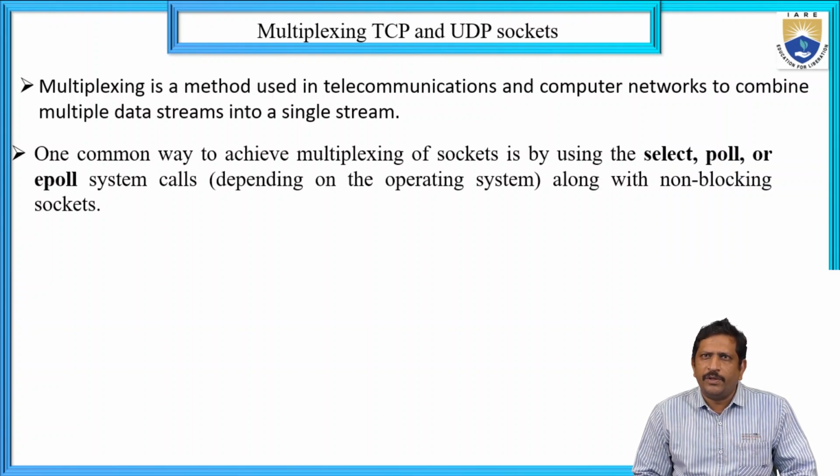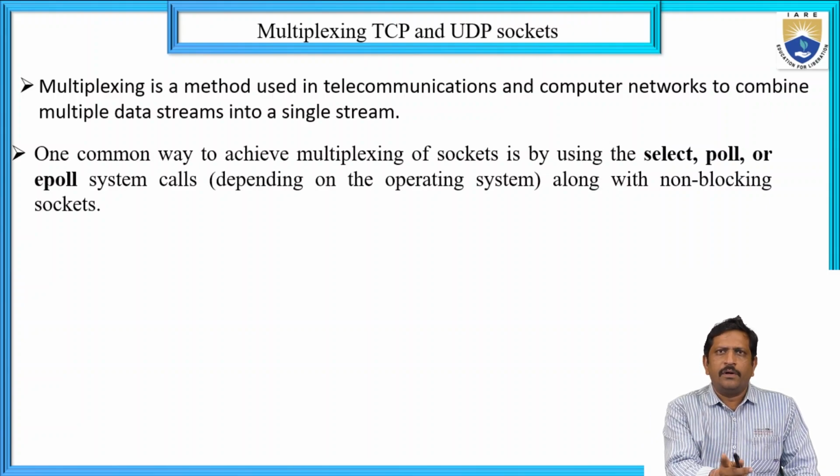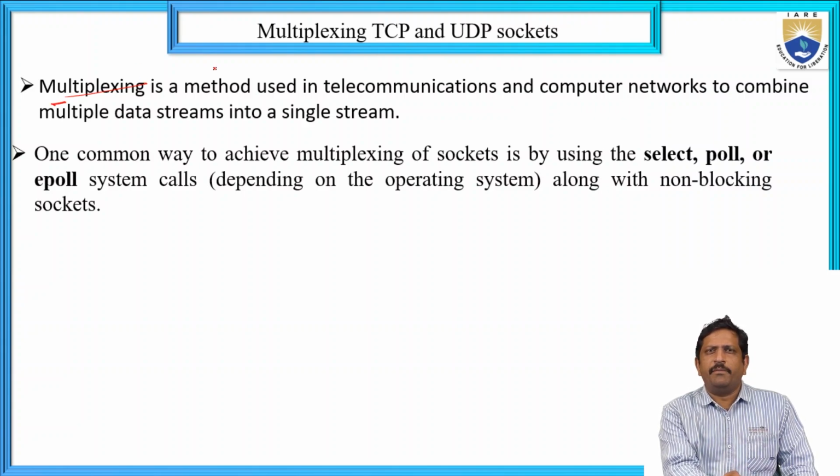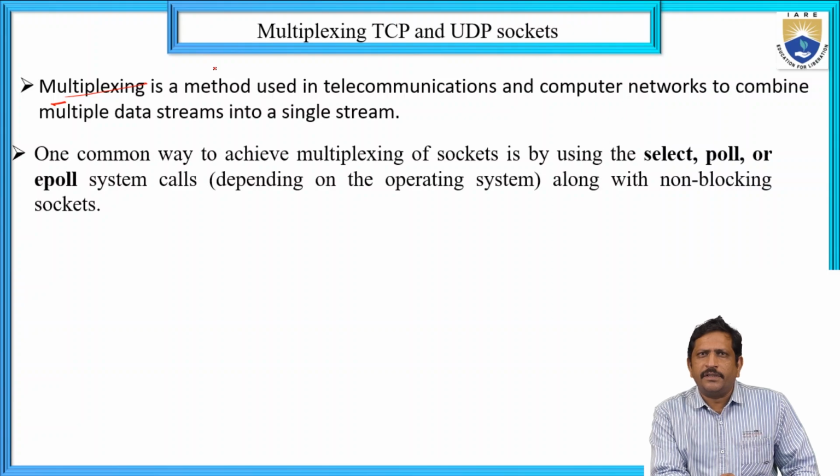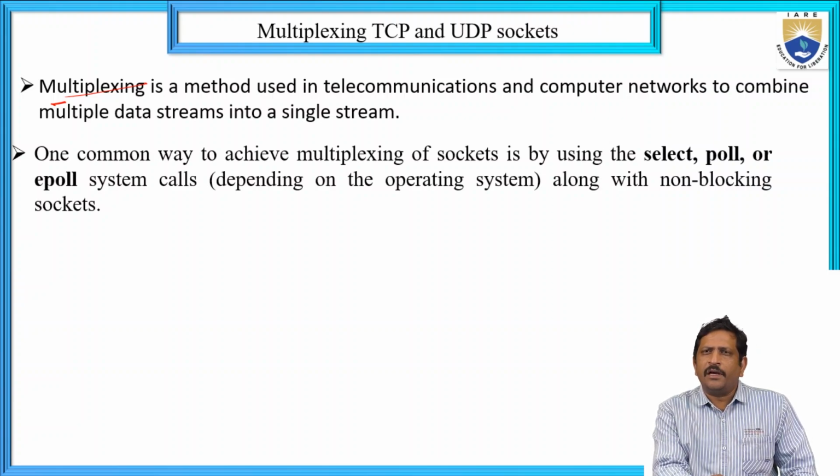Before going to TCP UDP multiplexing sockets, first we have to discuss what multiplexing is. Multiplexing is a method used in telecommunication and network programming for combining multiple data streams into a single stream. That means multiple inputs can be considered and produced as a single output. So that is multiplexing.